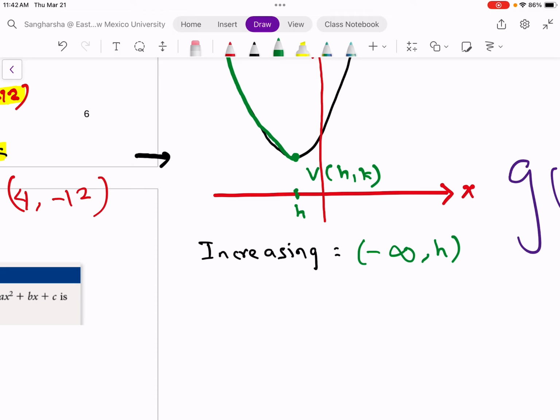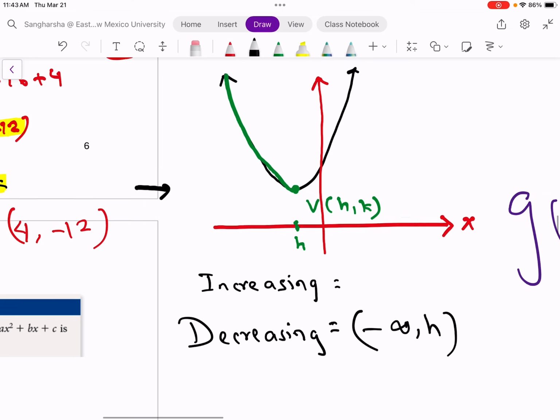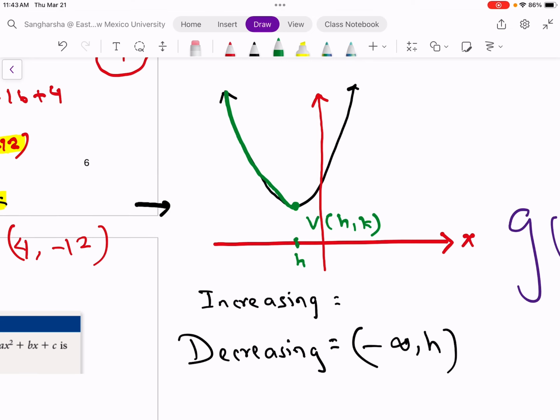So the decreasing interval is from negative infinity to h. Now as we move from this vertex all the way up, our function is going up. That is the interval where the function is increasing. So from h, taking x values, all the way to positive infinity.